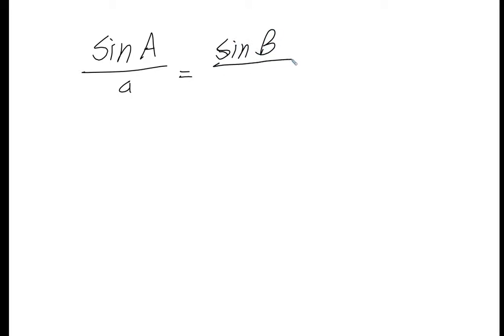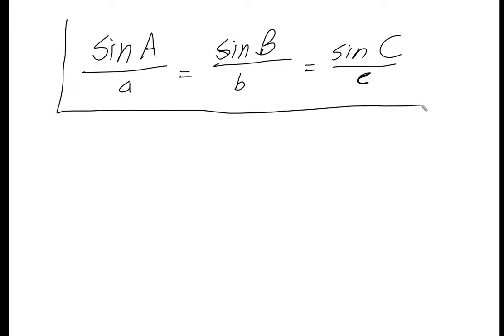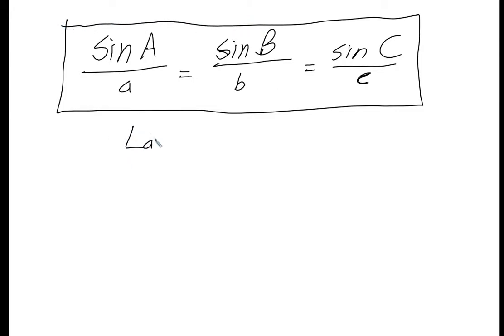And what we find out is the sine of A divided by the side across from it, little a, and the sine of B divided by the side across from it, and the sine of C divided by the side across from it, all have to be equal to each other. This law is called the law of sines.